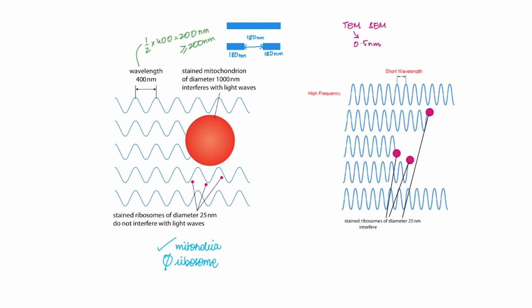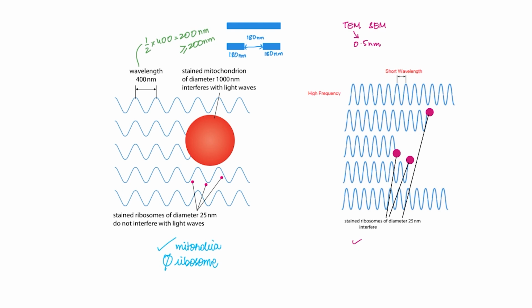And in doing so, ribosomes, which were too small to block the light waves passing through, are now large enough and at least meet half the wavelength of an electron beam, and therefore they are able to block that electron beam from progressing forward.